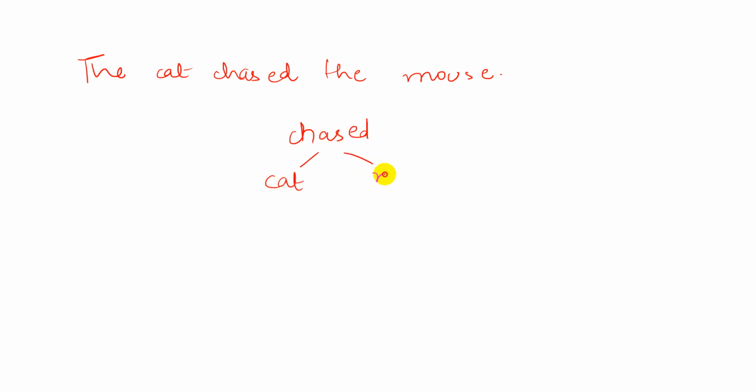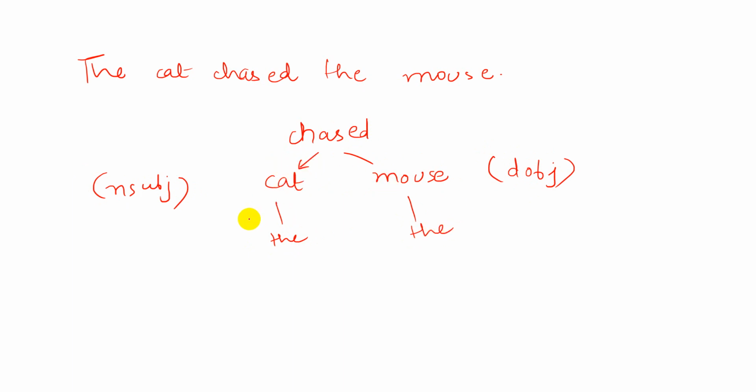Cat chased whom? Mouse, right? So it is saying that cat is the nominal subject and mouse is the direct object. Is it? The mouse. Right? Clear? Is it clear why it is the root? Or you could call it head.